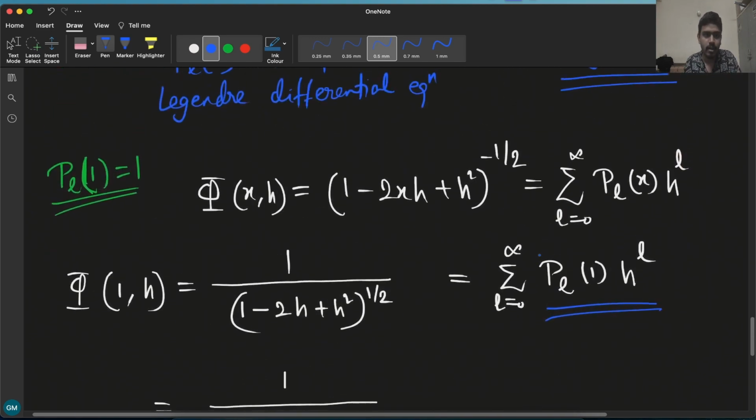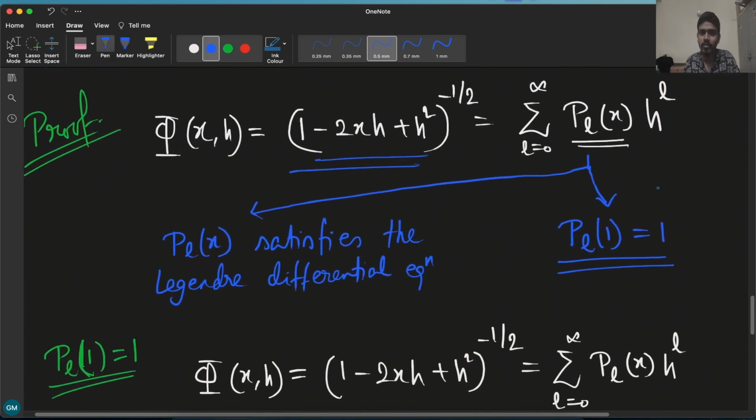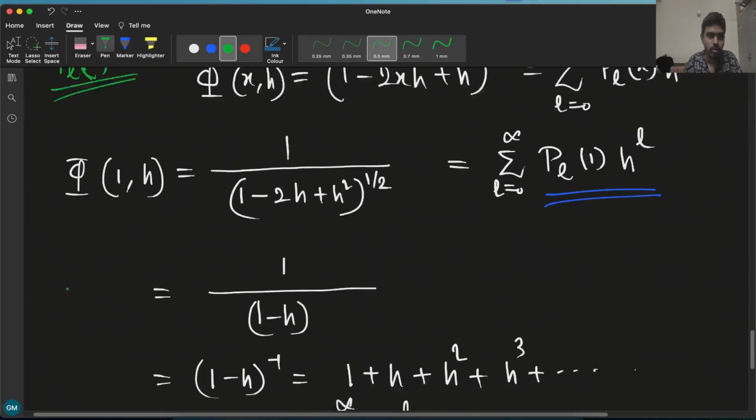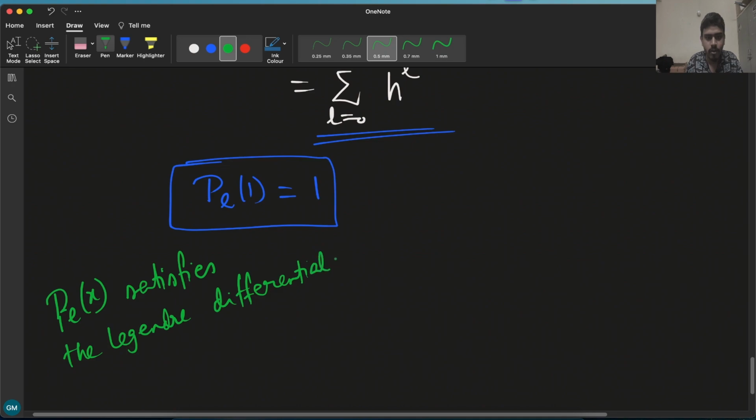Okay, and the other thing that we need to prove is that PL(x), those whatever are there as a coefficient of h to the power L, actually satisfy the Legendre differential equation. Okay, so the proof that PL(x) satisfies the Legendre differential equation.